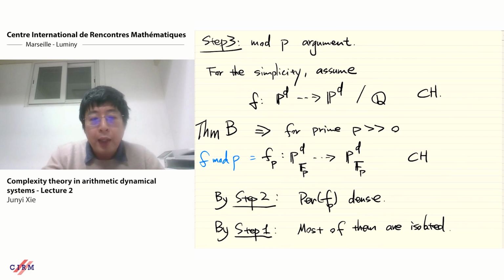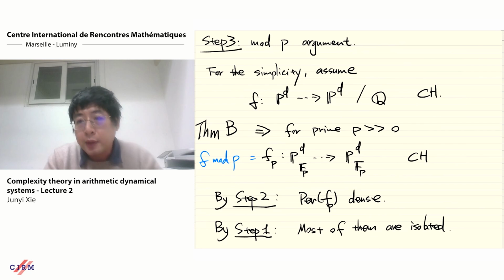Now you apply our step two to this specialization. It basically shows that the set of periodic points of F_p is Zariski dense.